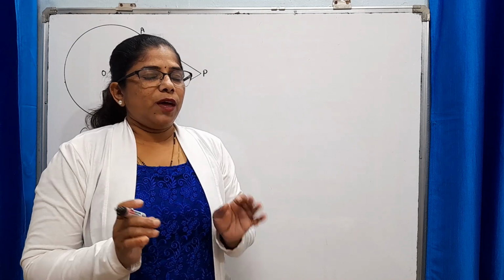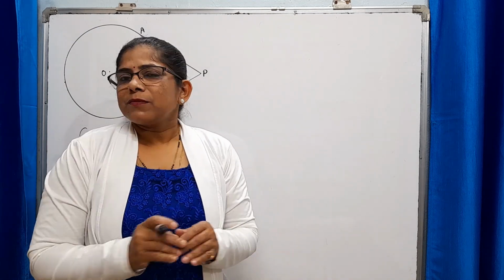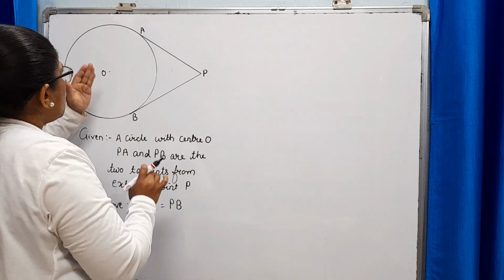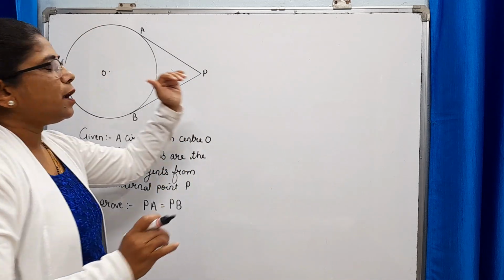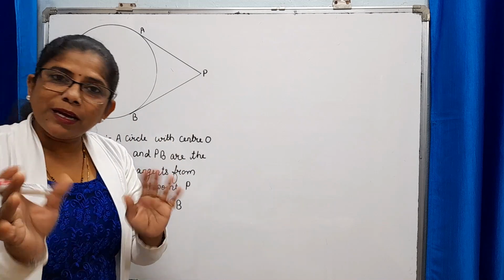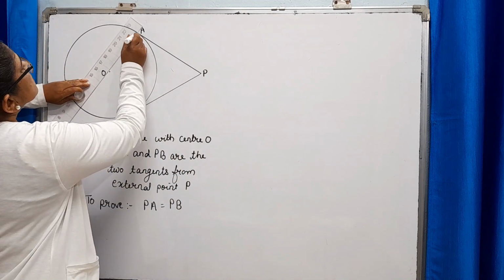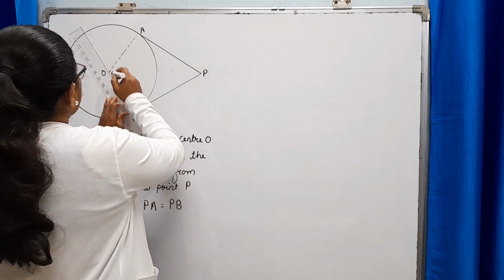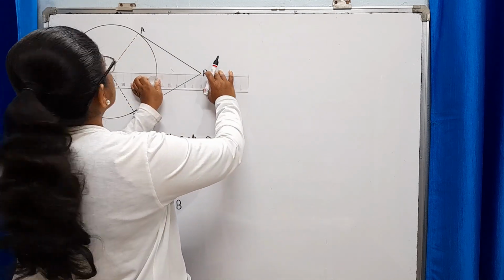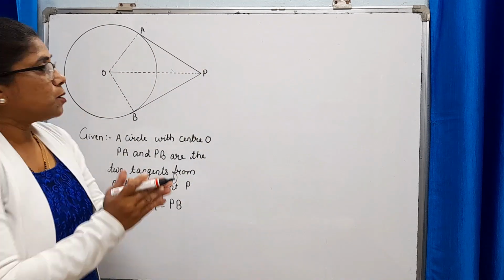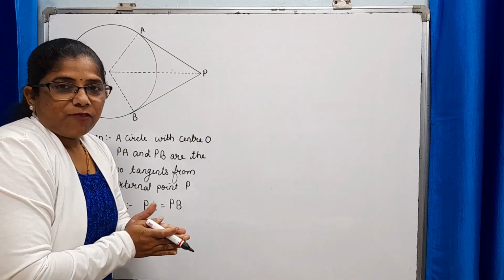Now again here we have to do one simple construction. Now what is this construction? We have to just join OA, OB and OP. That's it. Let's join this. So now what construction have we done here?